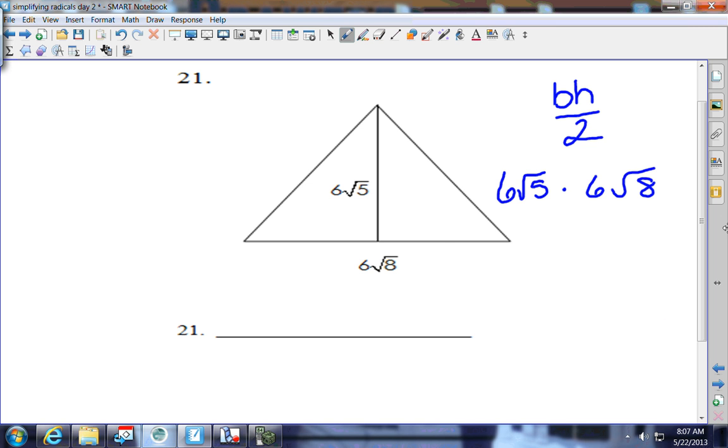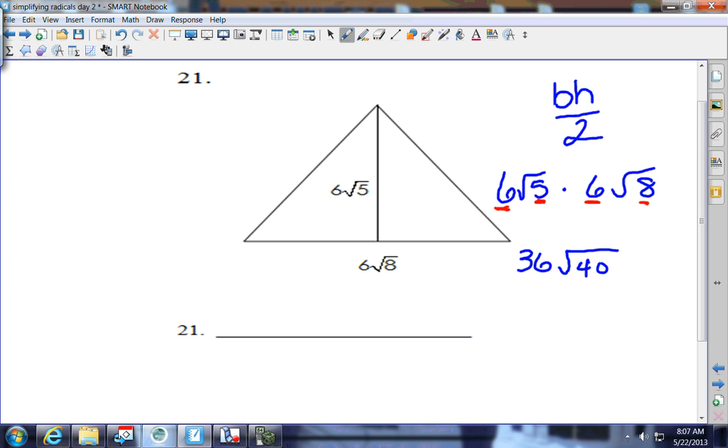Okay. Now, let's multiply 6 times 6. We get 36. Square root of 5 times 8, 40. Now, you're not done. You have to simplify 40.